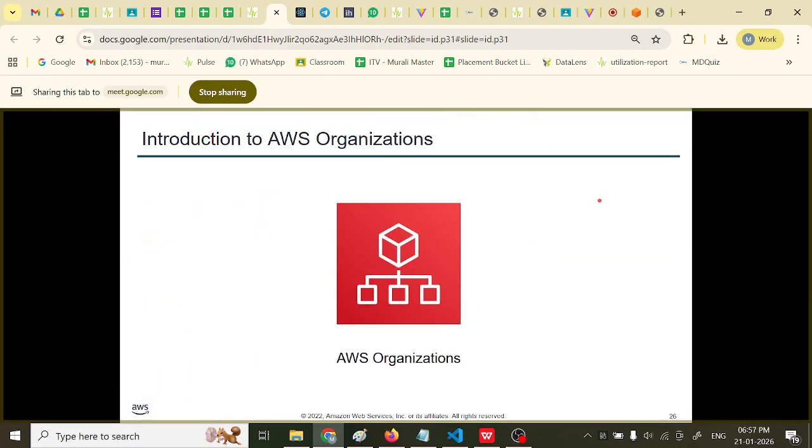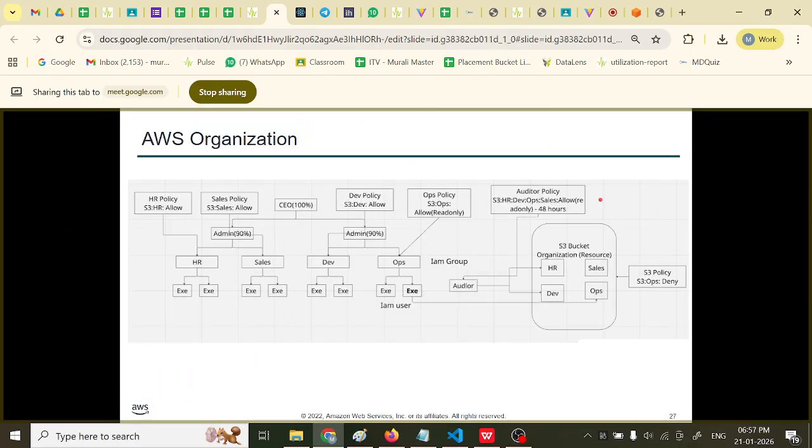Now the same thing we'll see here in the organization. Whatever I said, you can see here. A root account user is here. He has given 90% access to the admin. He has created sales, HR, and executives.